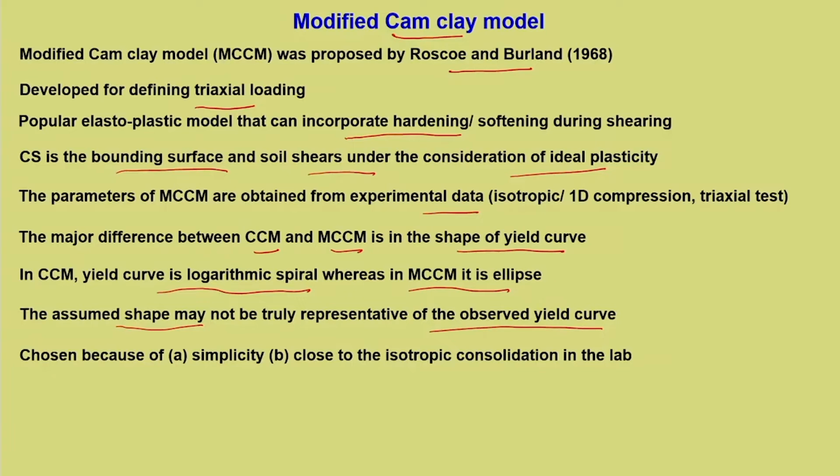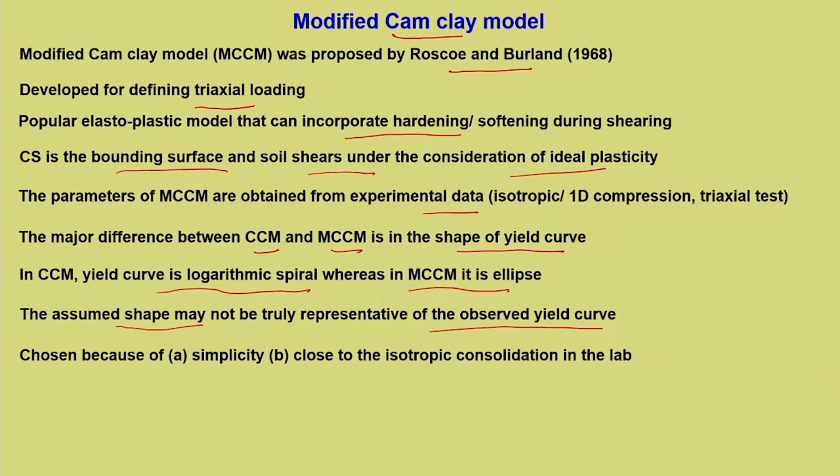So, that is why the definition of the shape becomes important. What it says is that the shape which has been assumed, which is an ellipse, may not be truly representative of the actual soil behavior. So, it is an idealized condition. The actual behavior may be some other shape, but it is very close to it.